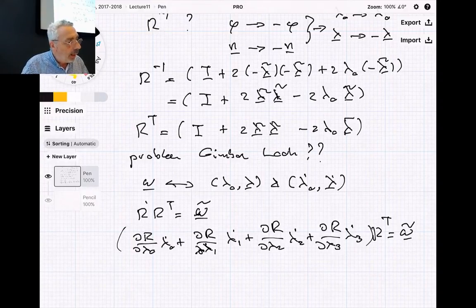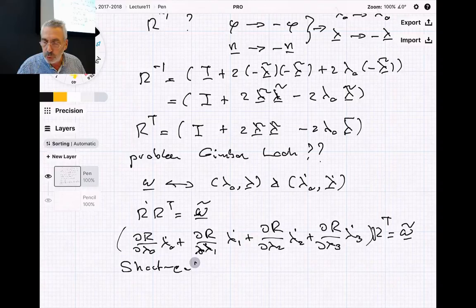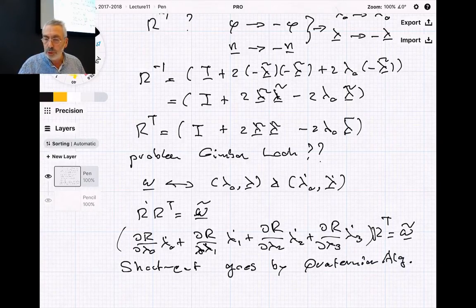And there is actually a shortcut, and the shortcut, in this case, unfortunately, goes by quaternion algebra. So if you want to know how the shortcut works, then you have to look into the next chapter in the book after this. I'm not going to talk about it now. But that demonstrates how quaternion algebra works, and then pretty simple and clear you will find these expressions.